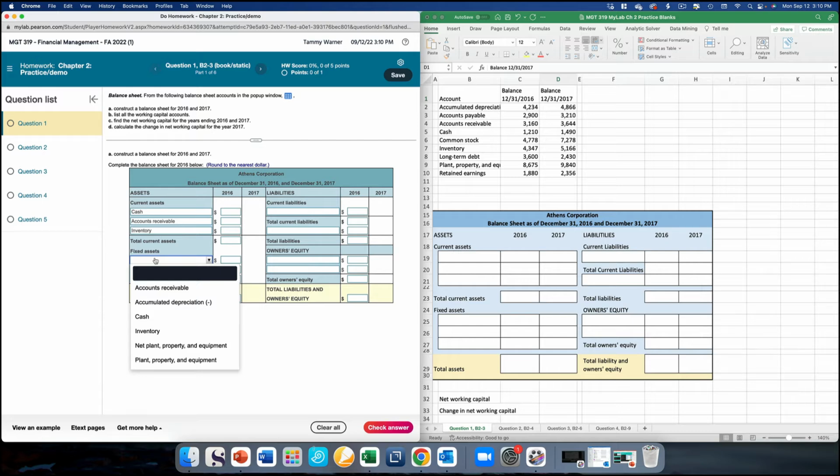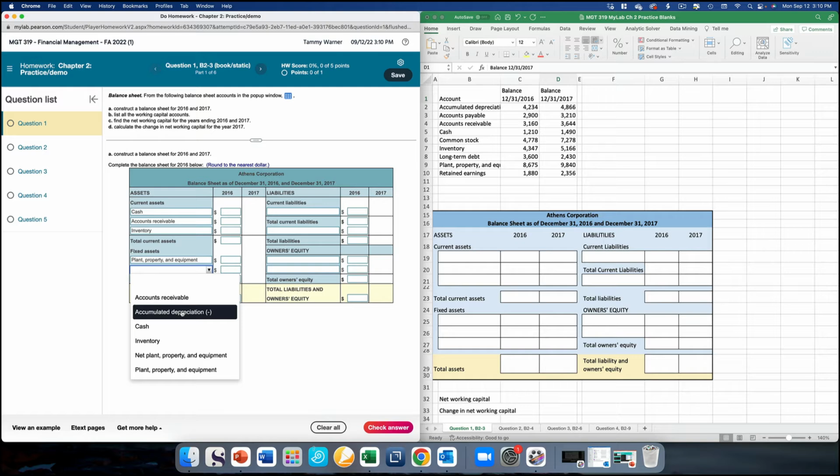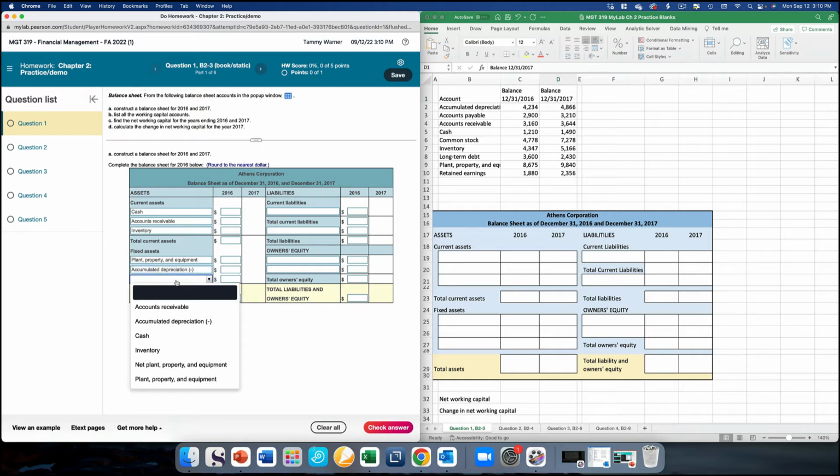But net property, plant, and equipment has component parts. We start with just the raw value of the property, plant, and equipment, or here they've said plant, property, and equipment. And then we subtract accumulated depreciation, and that gives us net property, plant, and equipment.